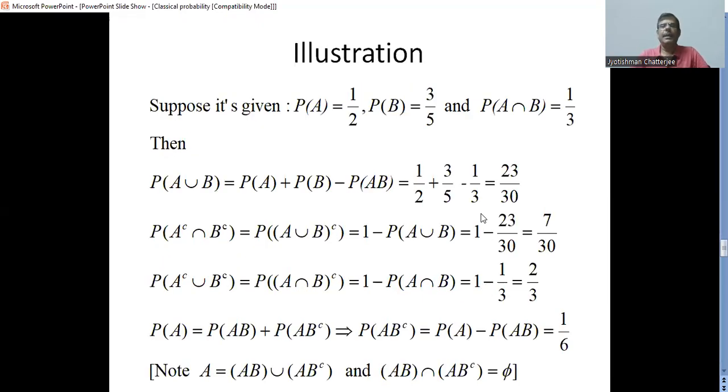All right, let's illustrate with the help of one example how you can use this rule to compute some other things. Say you are given probability of A, probability of B, and probability of A intersection B. Okay, so here is a small diagram.